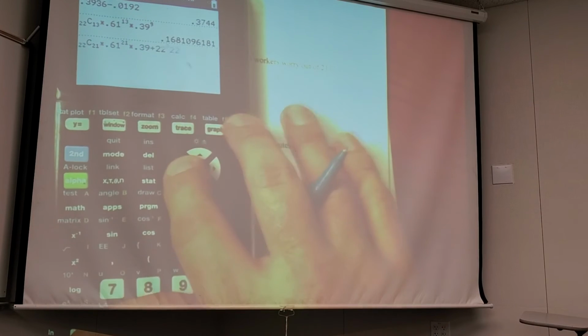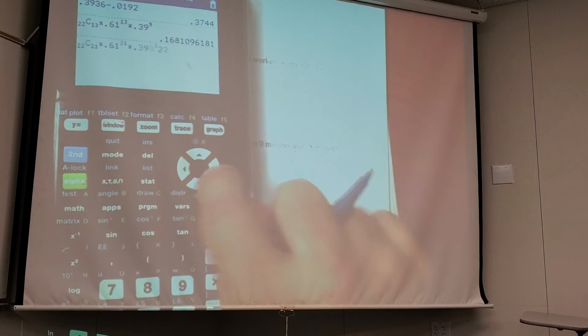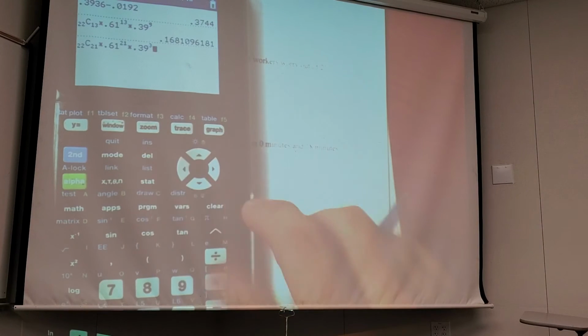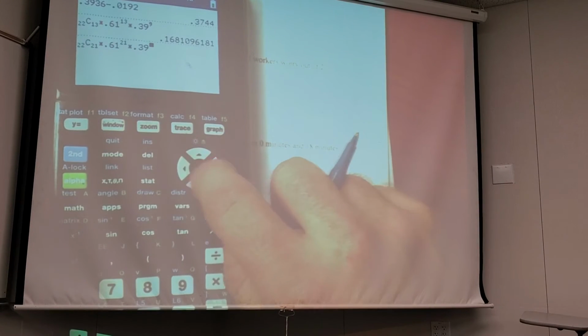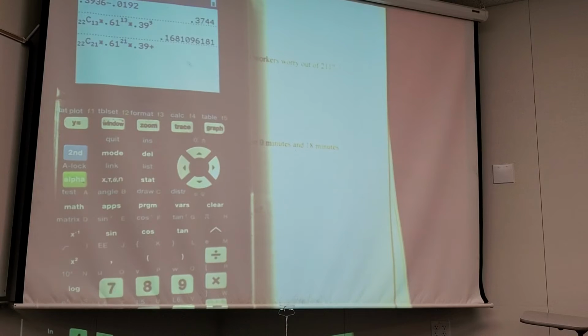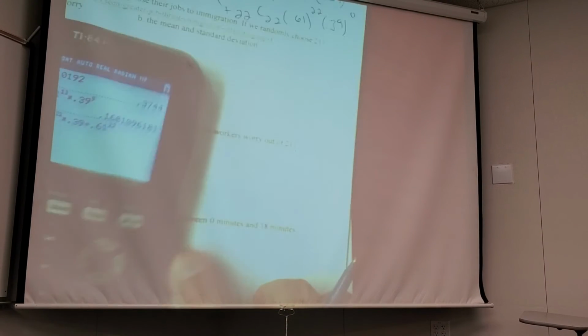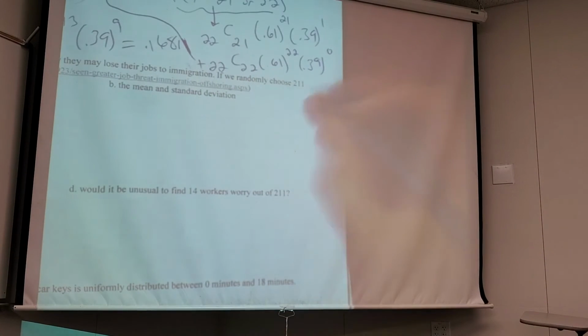Now what do I really have to do with this next part? What do I really have to do for this next part? 1 times... All I need is 0.61 to the 22, right? Because all the rest of this is going to be 1, so that's the only piece that's not 1.